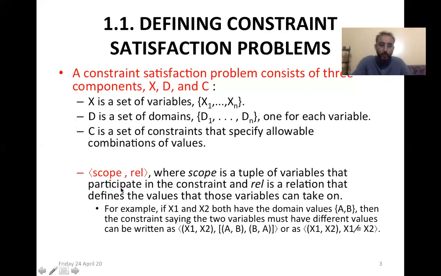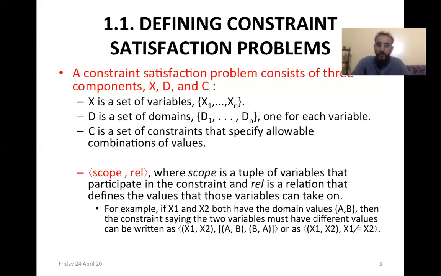So what is scope and what is relation? This question still remains to understand this pair of scope, comma, relation. Scope is a tuple of variables, a record of variables, in which we represent the variables that are participating in the constraint, the variables that you are dealing with currently.